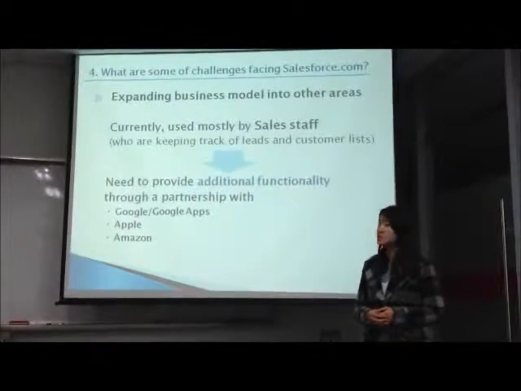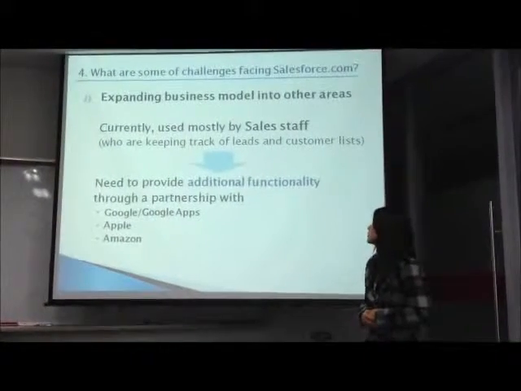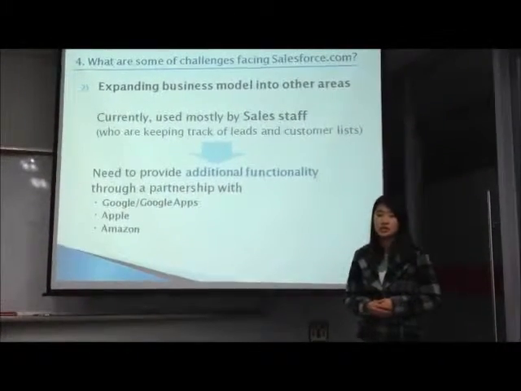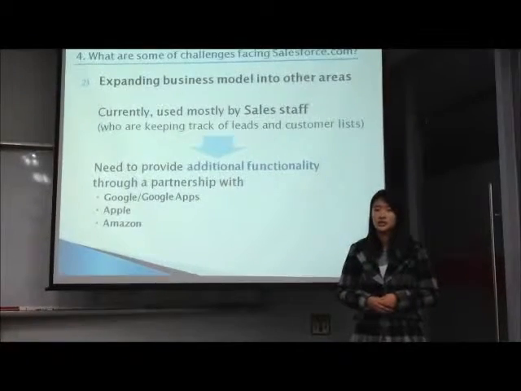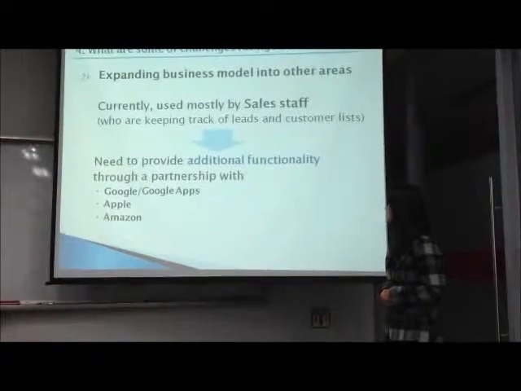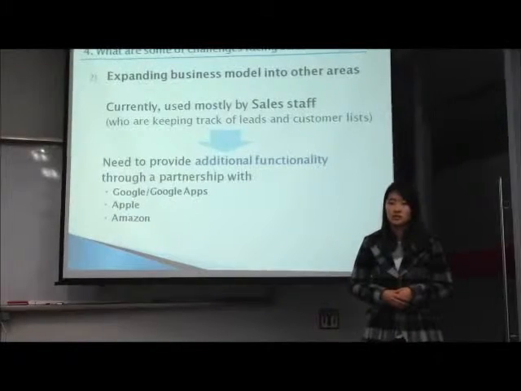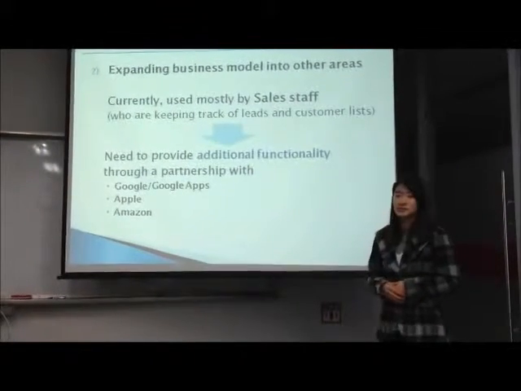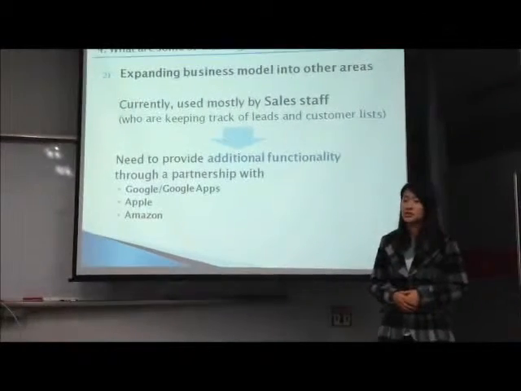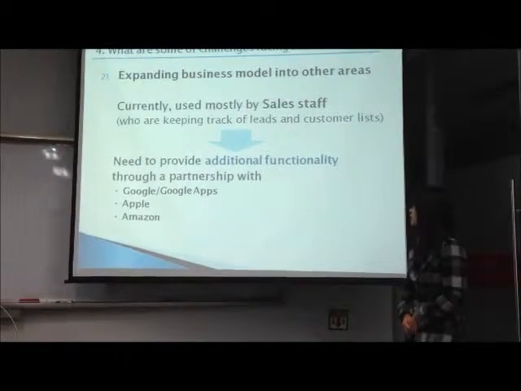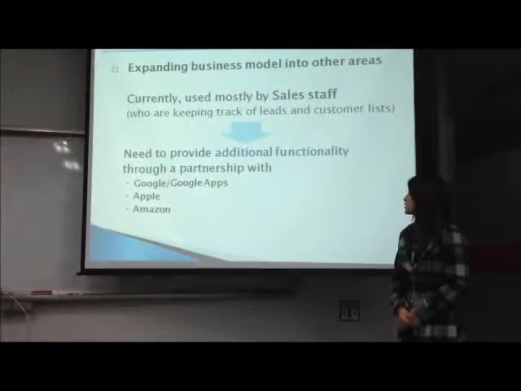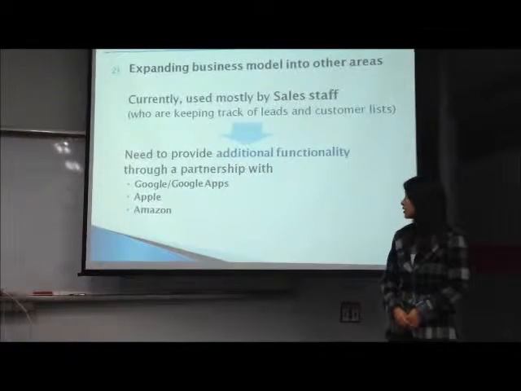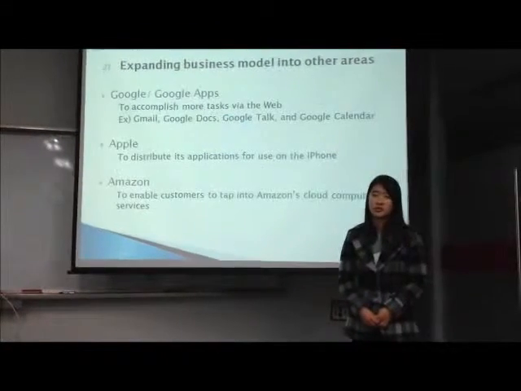The second challenge is to expand its business model into other areas. Now, using Salesforce is limited to the sales step. To expand its size, it needs to provide additional functionality through partnerships with Google, Apple and Amazon.